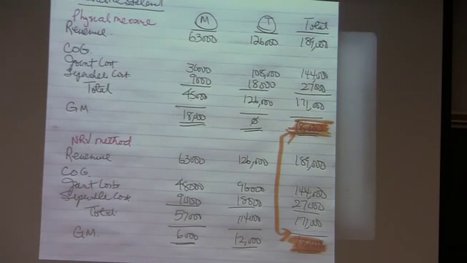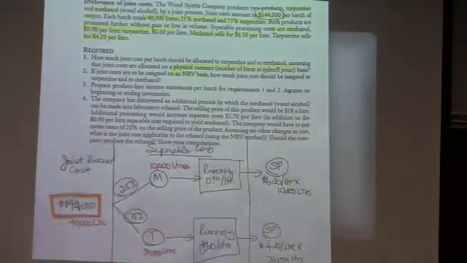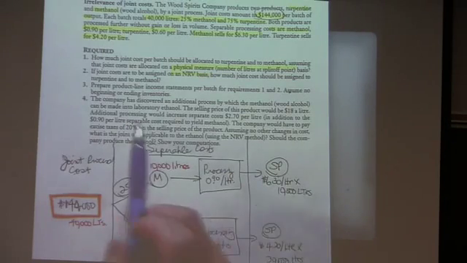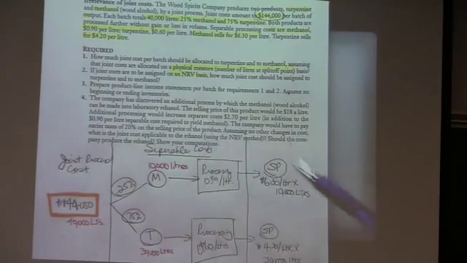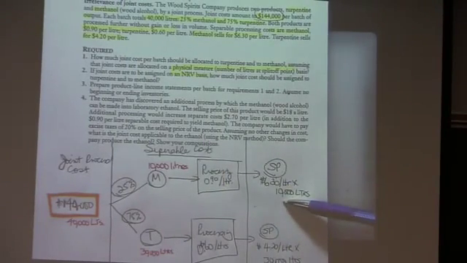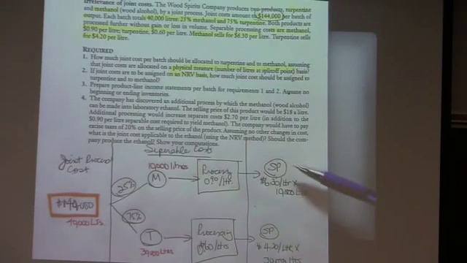Now, let's look at part 3 to the question. So let me come back to part 3. Or part 4, sorry, part 4 of the question. So part 4 of the question says, the company has discovered an additional process by which the methanol can be made into laboratory ethanol.